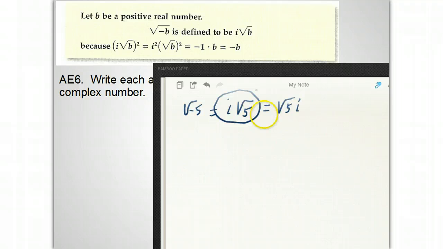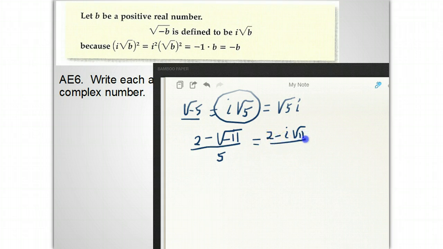Second example will be a little more complicated. It's going to be 2 minus the square root of negative 11. Let me extend that radical sign. There we go. Divided by 5. And you can see this looks almost like what you'd see for a solution to a quadratic polynomial equation. But right now we're just going to treat it as 2 minus i times the square root of 11, divided by 5.